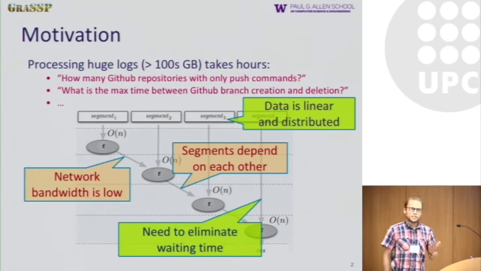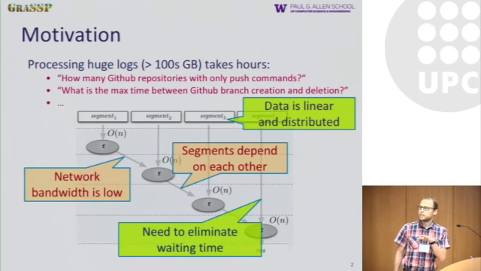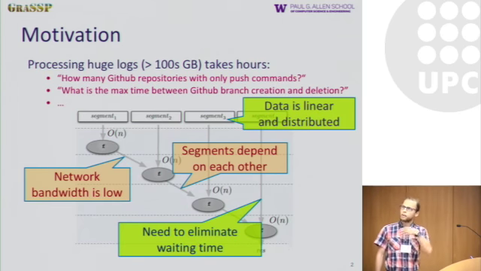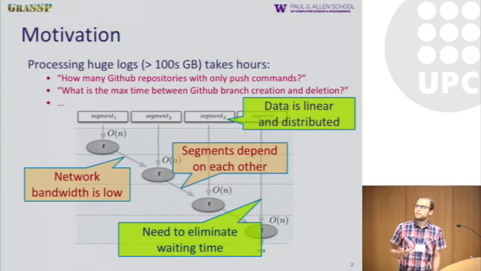As a consequence, there's a long processing time and a long waiting time, because each function, before looking at a segment, should receive the inputs produced by the preceding functions or preceding segments.